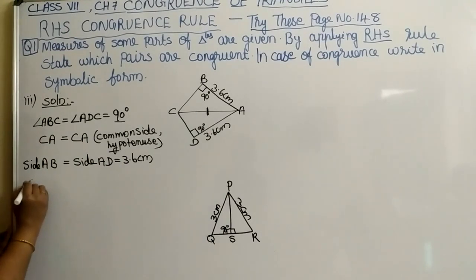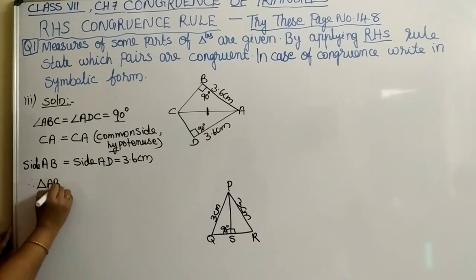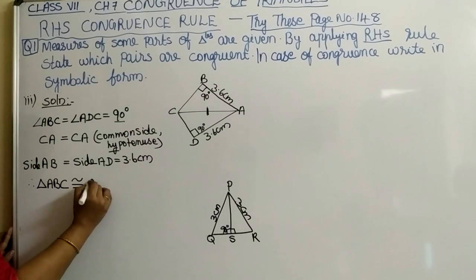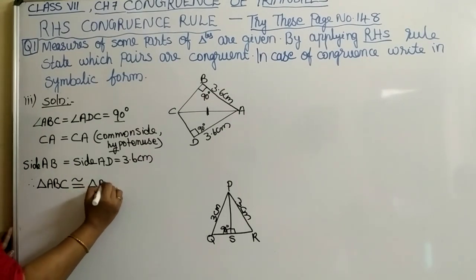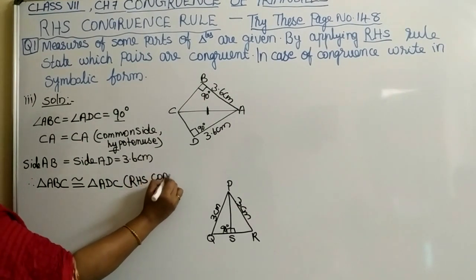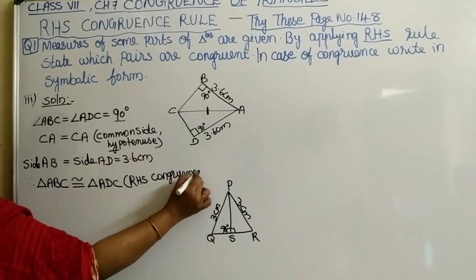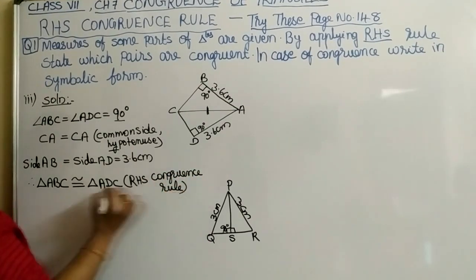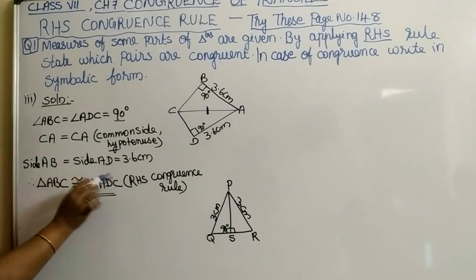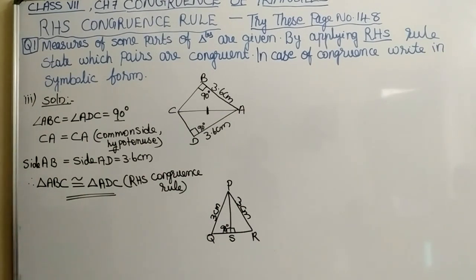So we can write down, therefore triangle ABC congruent to triangle ADC by RHS congruence rule. So from triangle ABC and ADC, the correct correspondence is vertex A to A, B to D and C to C only. So we obtain the congruence as triangle ABC congruent to triangle ADC.